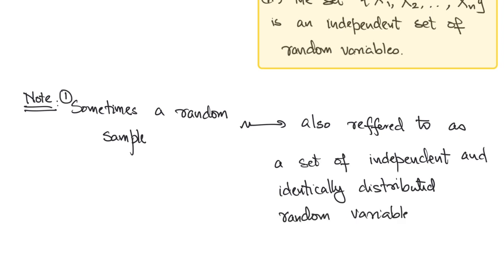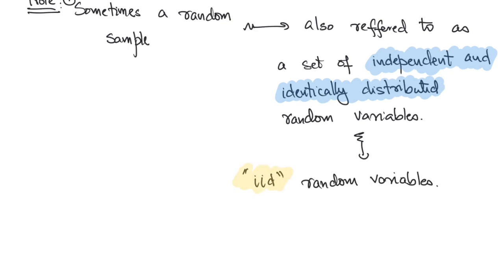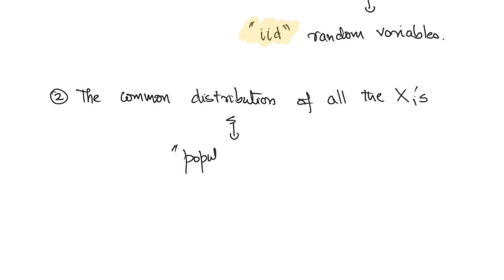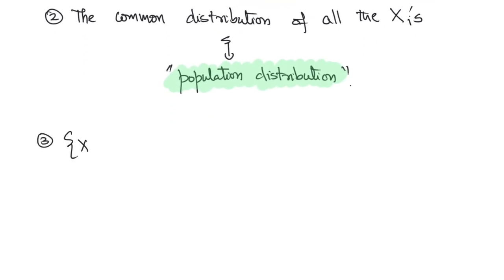In short, these are called IID random variables. The common distribution of all the xi's inside a random sample is called the population distribution. So it's the distribution from which we sample. So we're choosing a sample from a population, and the common distribution of the xi's will be the population distribution.